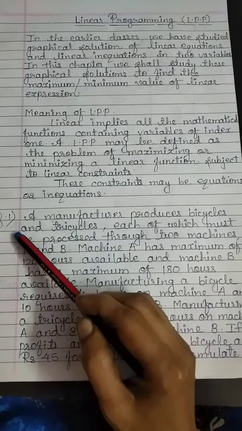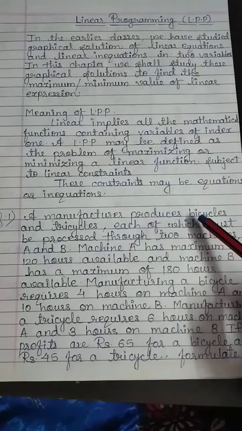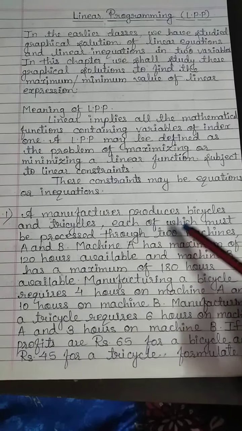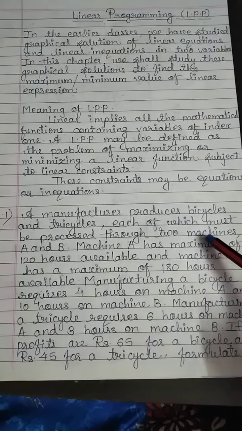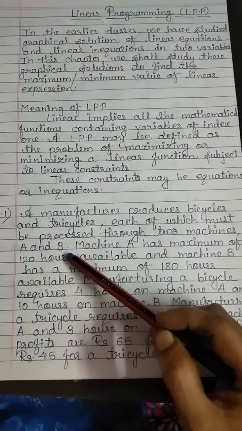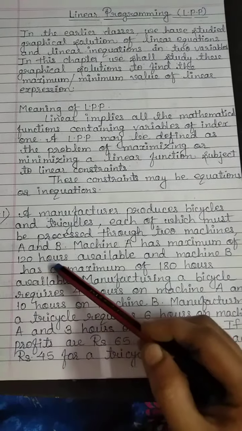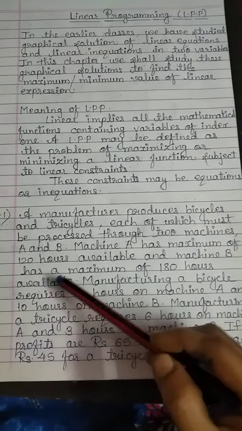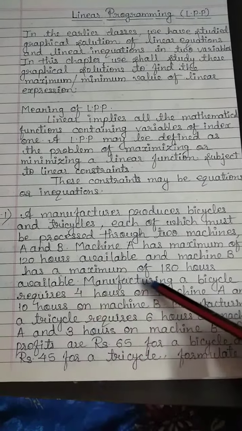Question number 1. A manufacturer produces bicycles and tricycles, each of which must be processed through two machines, A and B. Machine A has a maximum of 120 hours available and machine B has a maximum of 180 hours available.